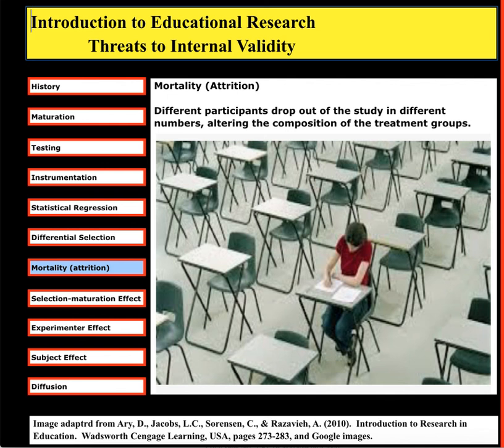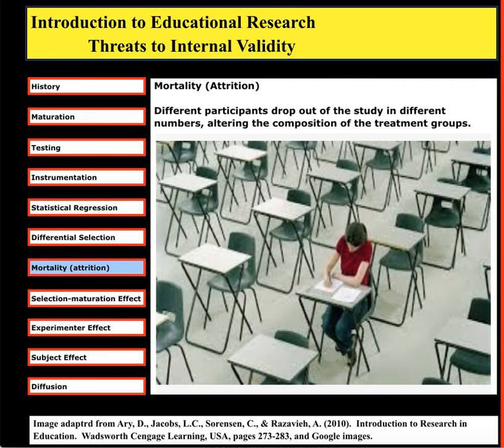So here's an example. If several of the lowest scorers on a pretest gradually drop out of the experimental group, the remaining subjects will have higher mean scores on the final measure because the lower scores are underrepresented because they dropped out. Maybe they got bored or it was too difficult, but the low scores dropped out.